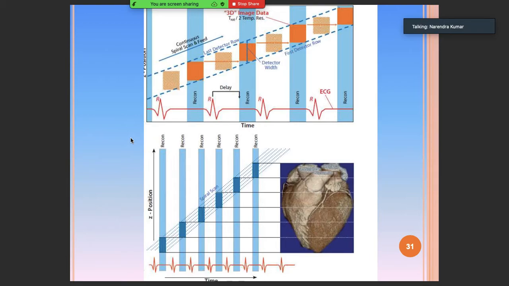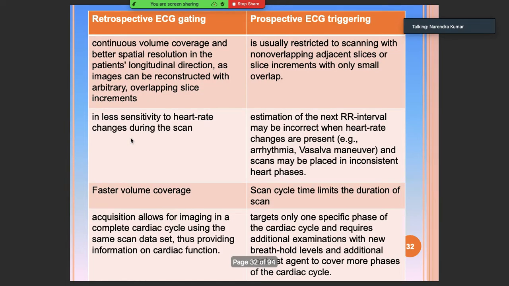So what about the differences between the retrospective and the prospective? Prospective ECG triggering is usually restricted to scanning with non-overlapping adjacent slices, whereas retrospective ECG gating gives mostly continuous volume coverage with better spatial resolution.